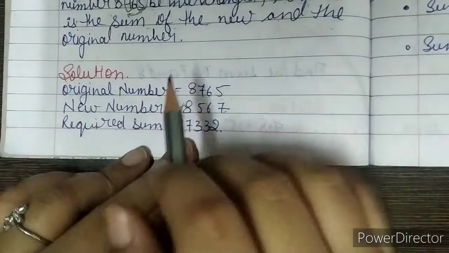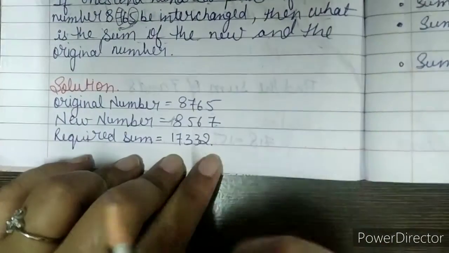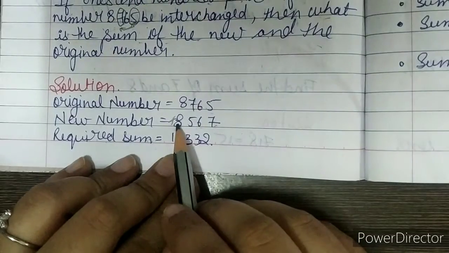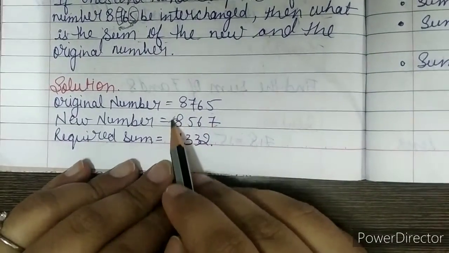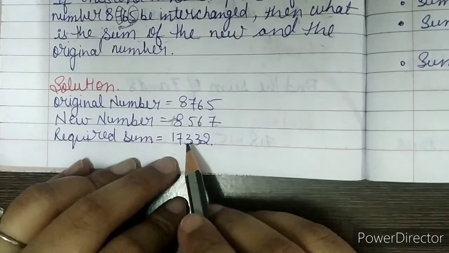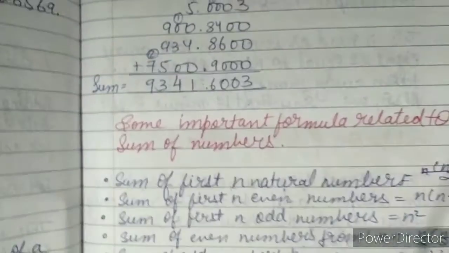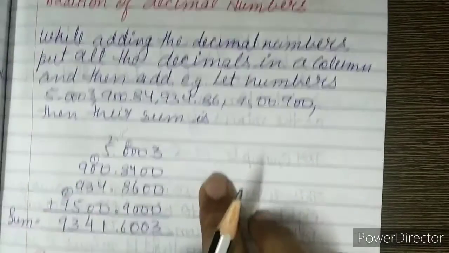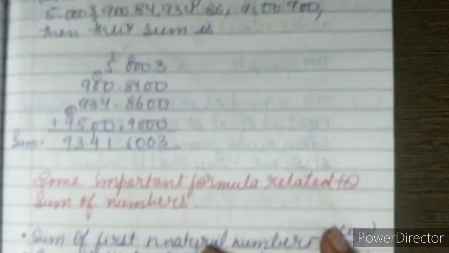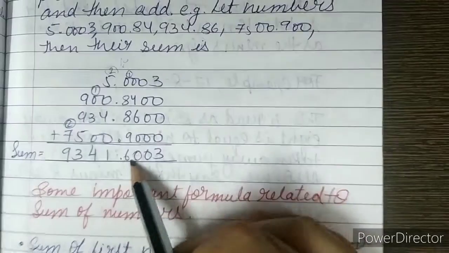The new number, when we change its hundreds place with the ones place, will be 8567, and the sum of both is 17332. Now, addition of decimal numbers is the same as normal addition, but the thing is to line up the decimal points.